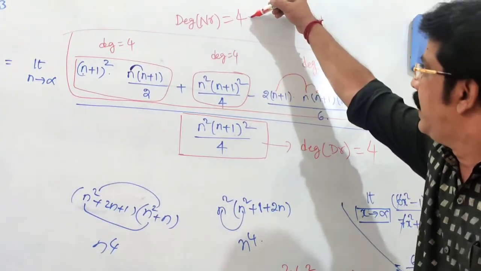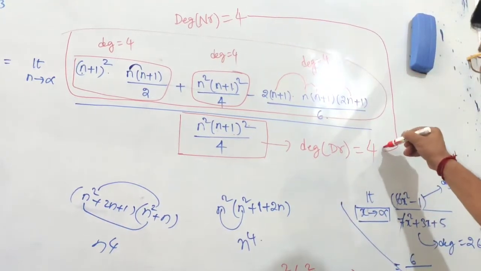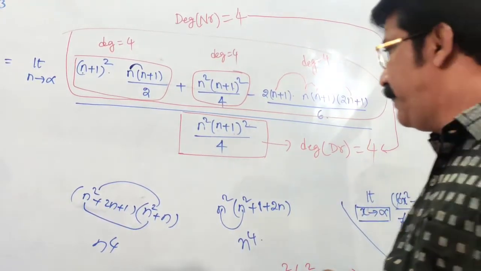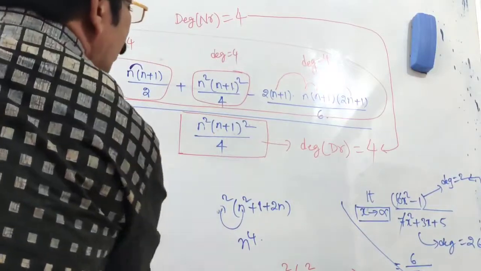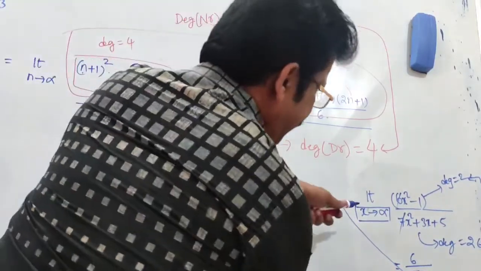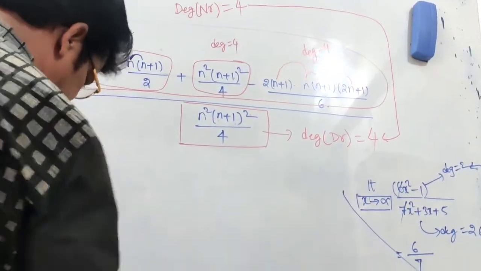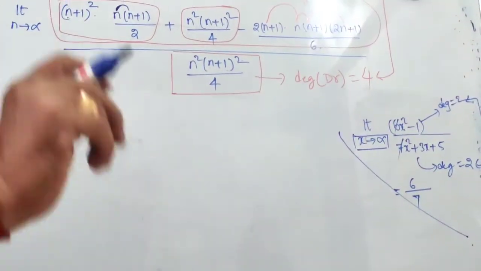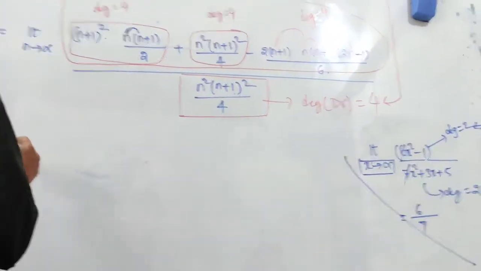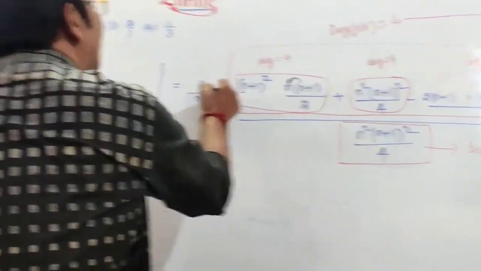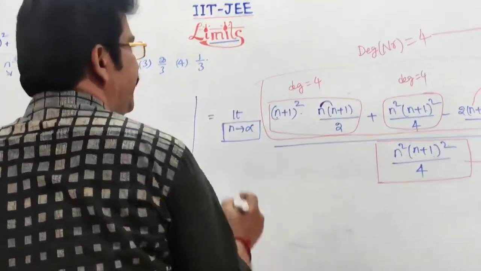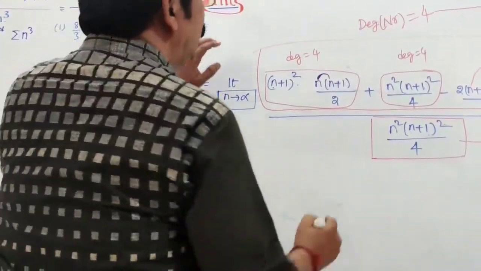Therefore, the degree of the numerator is equal to the degree of the denominator, so it goes to that method. It is enough to take the coefficients only in the numerator and denominator, because n tends to infinity.